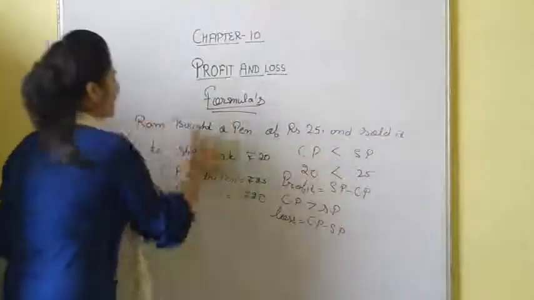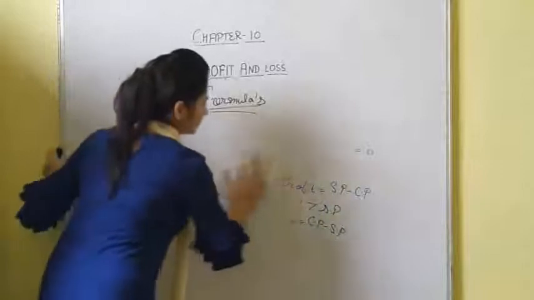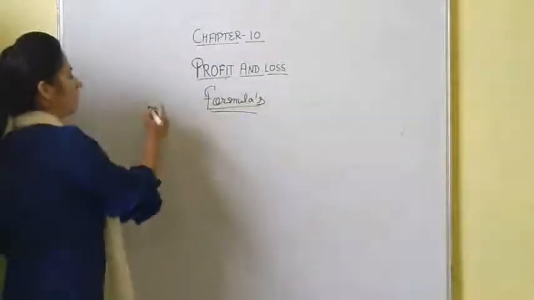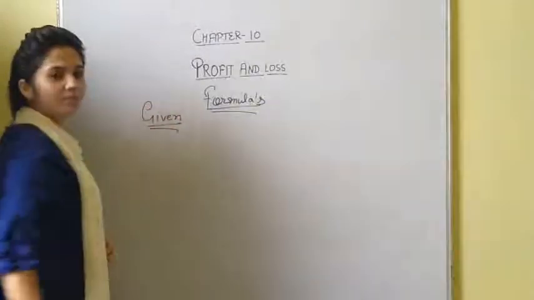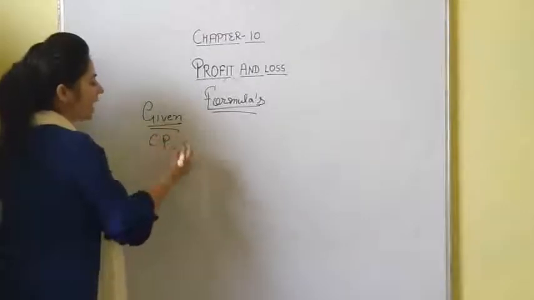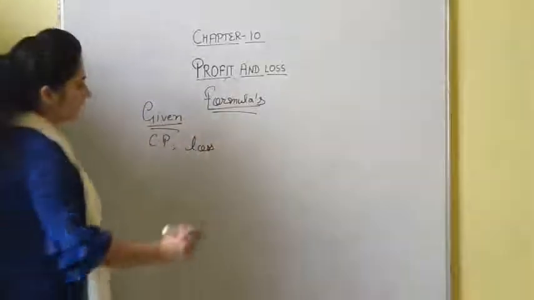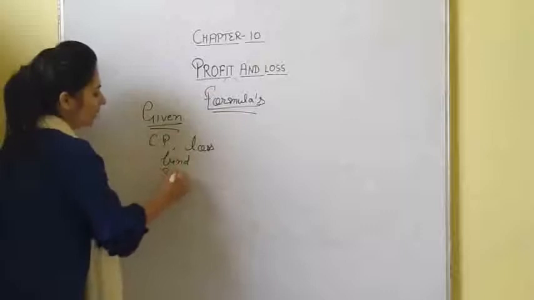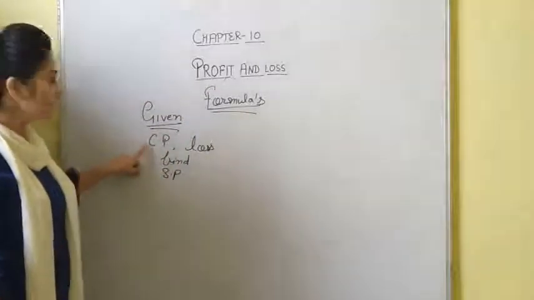Another formulas are: if we have cost price and loss, then we have to find out SP. जब हमें क्या गिवन हो?